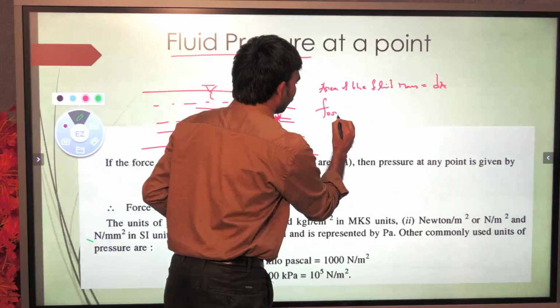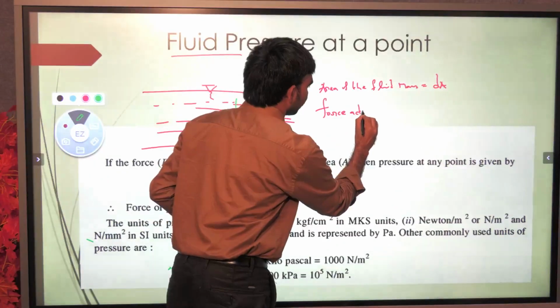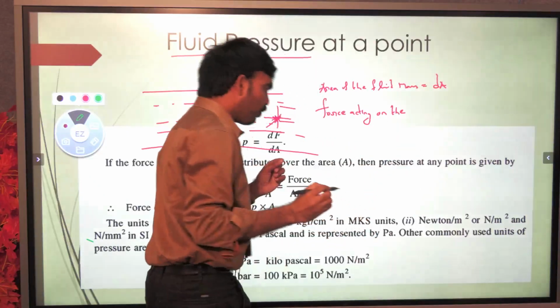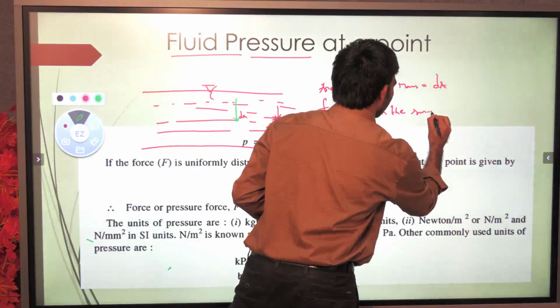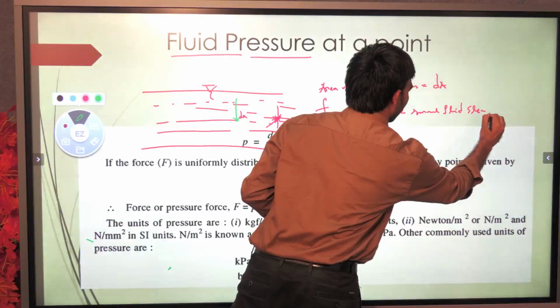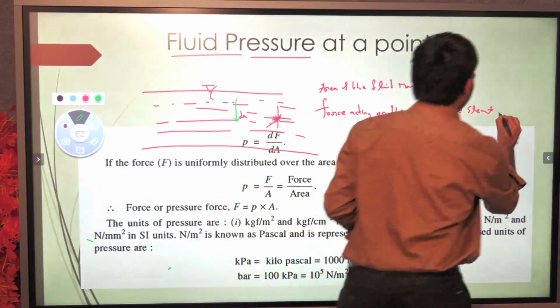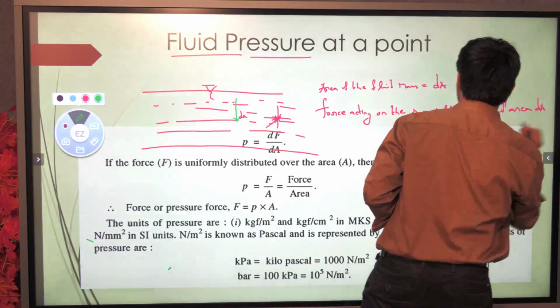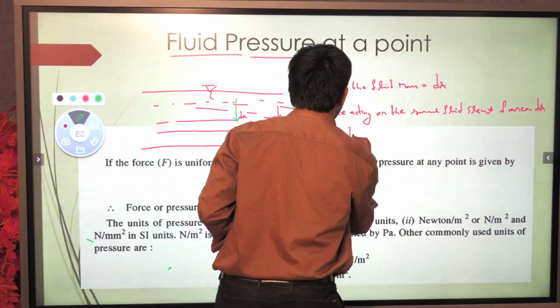So I have considered the force acting on the small fluid element of area dA is dF.